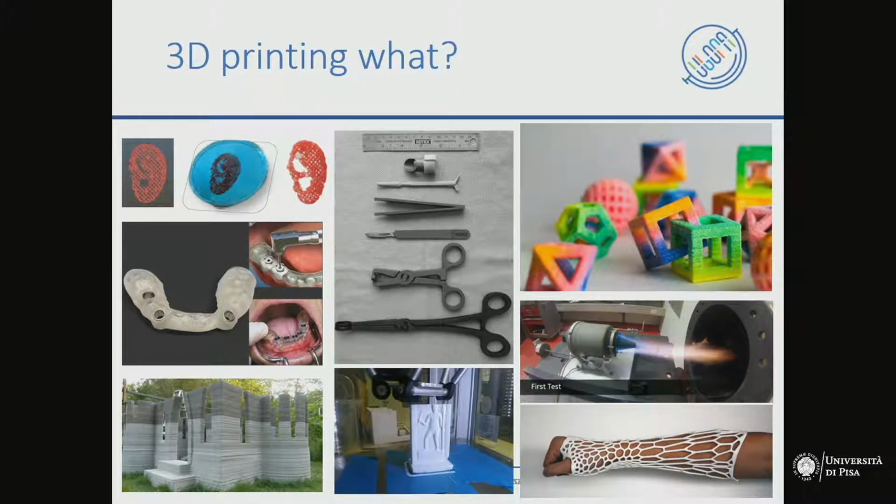Probably you know that we can 3D print houses. You know that we can 3D print cars. You can 3D print food. According to you, is it important to 3D print food or not, from a medical point of view? Can you figure out a possible medical reason for 3D printing food?